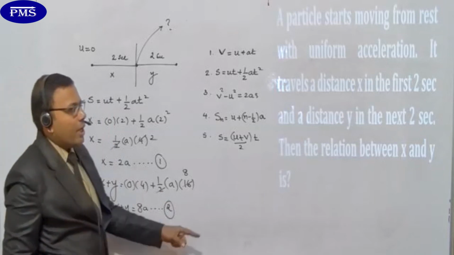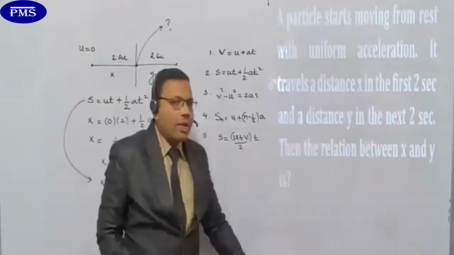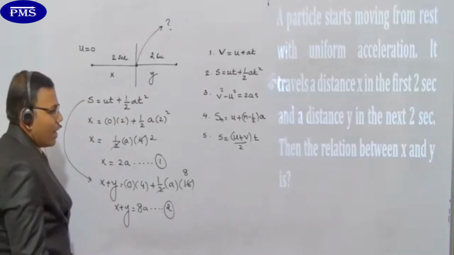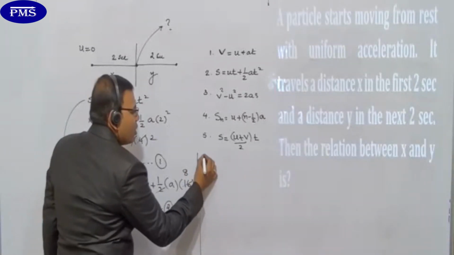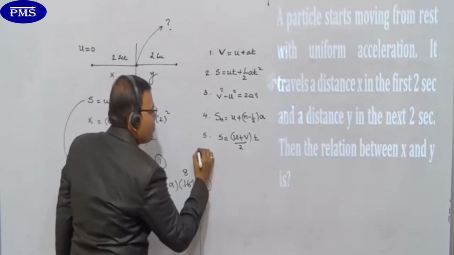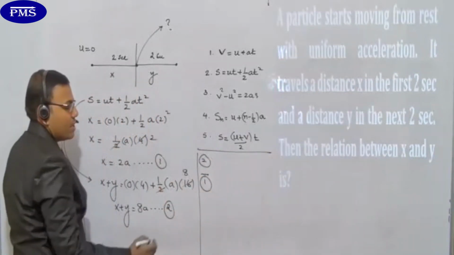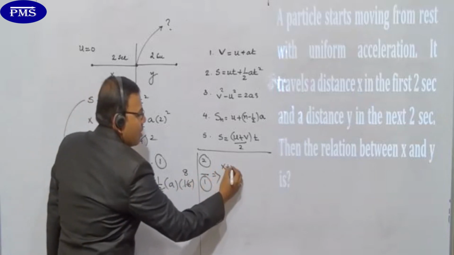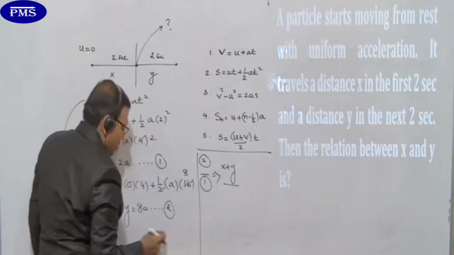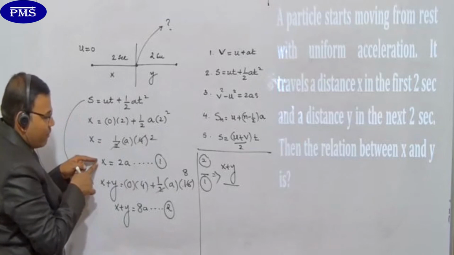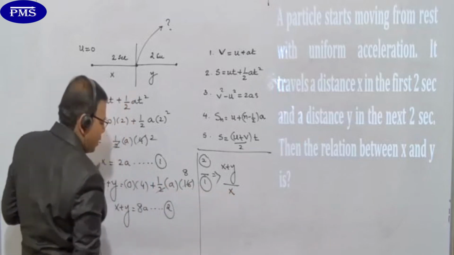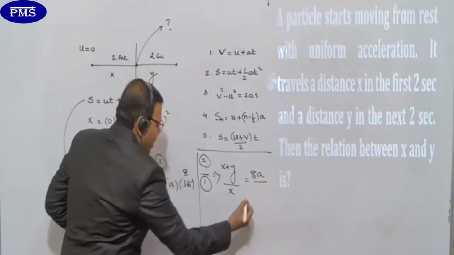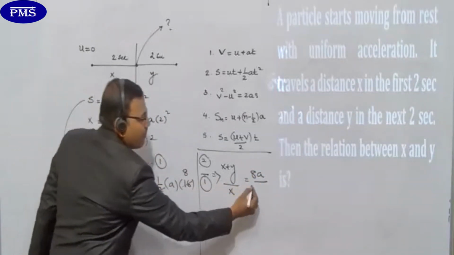We need to calculate the relation of x and y, so we don't want any acceleration; we have to eliminate acceleration, beta. The simplest method is equation 2 divided by equation 1. Look carefully: equation 2 is x plus y equals 8a, and equation 1 is x equals 2a.